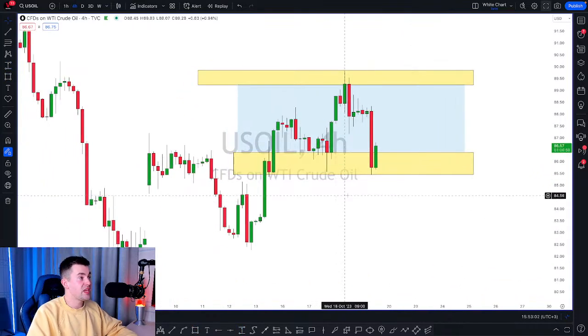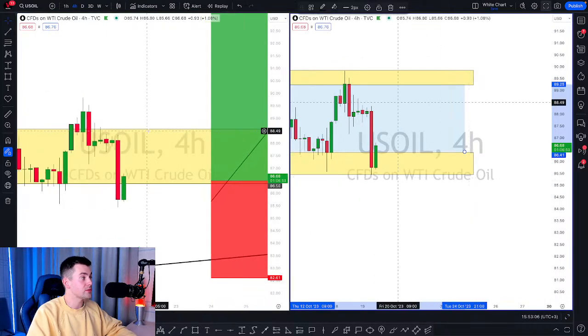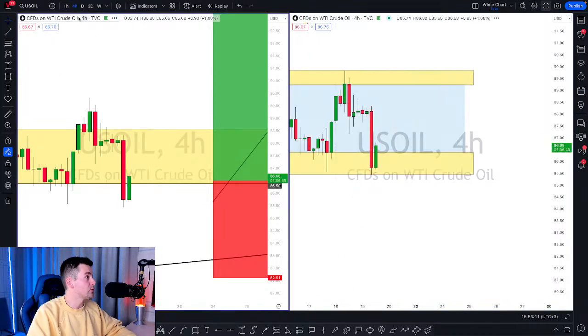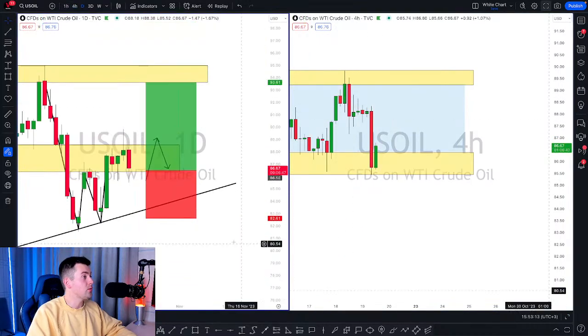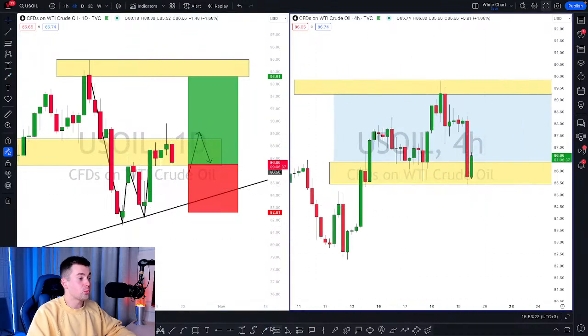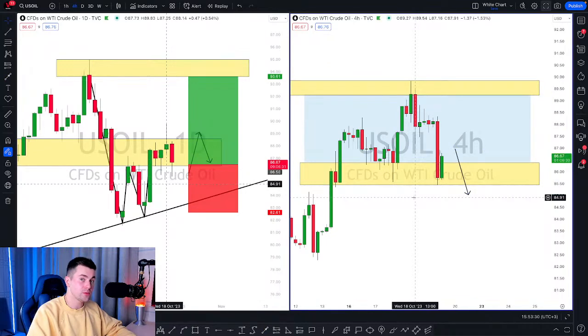So the significance, traders, let me open this one on a daily. The sign of strength of the sellers, the strength of that yellow resistance, will be confirmed with the breakout of that support, with the violation of that intraday support.